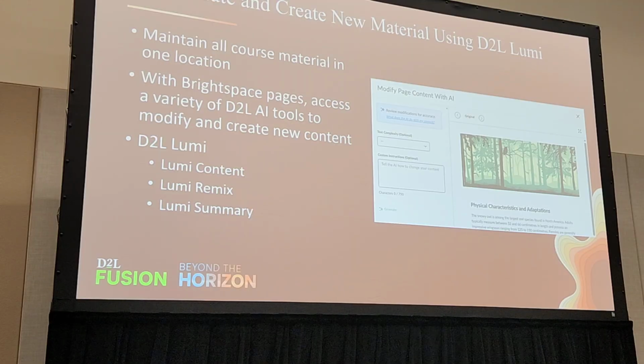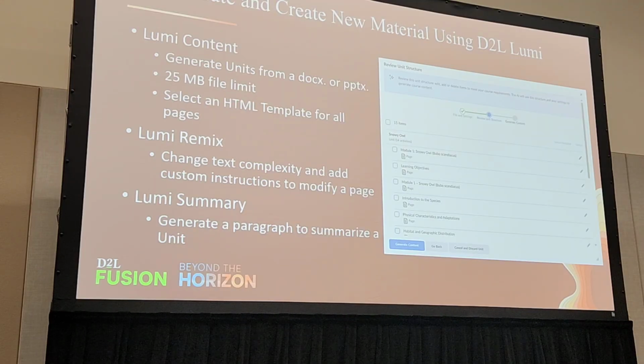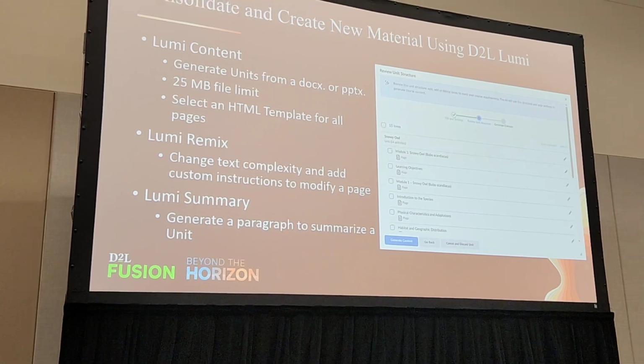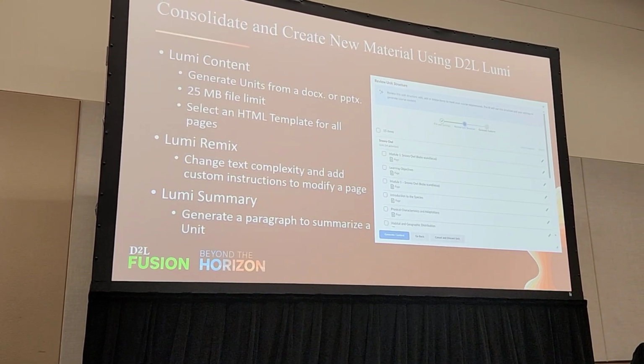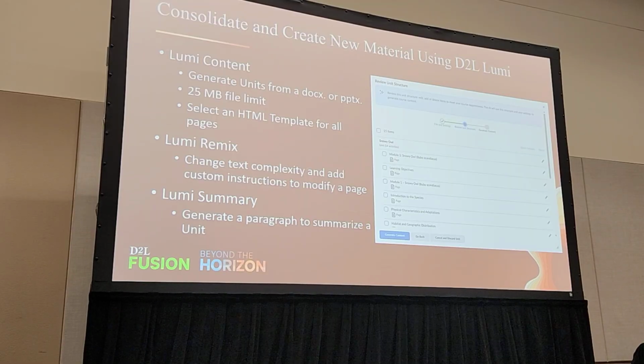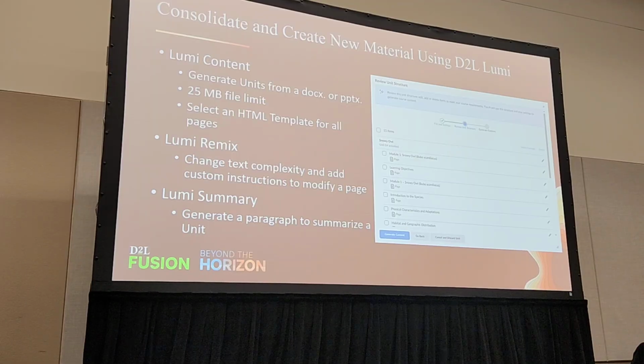We'll take a look at both, just so that we're very clear on the specific parts of Lumi that I am talking about right now. I'm focusing in just on content. We've got Lumi content, which is when I want to generate a unit from pre-existing content. This is to make the process a bit faster compared to what we just did. You will still need to make your HTML templates first, but once that's done, then you can use Lumi.